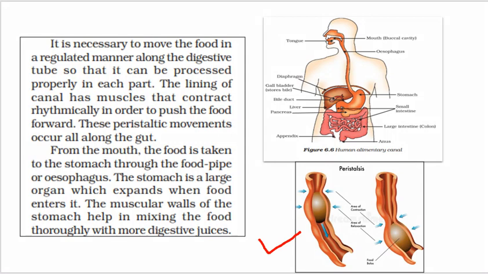The lining of the canal has muscles, and all the muscles contract rhythmically in order to push the food. This is the bolus, and the muscles push the food forward.